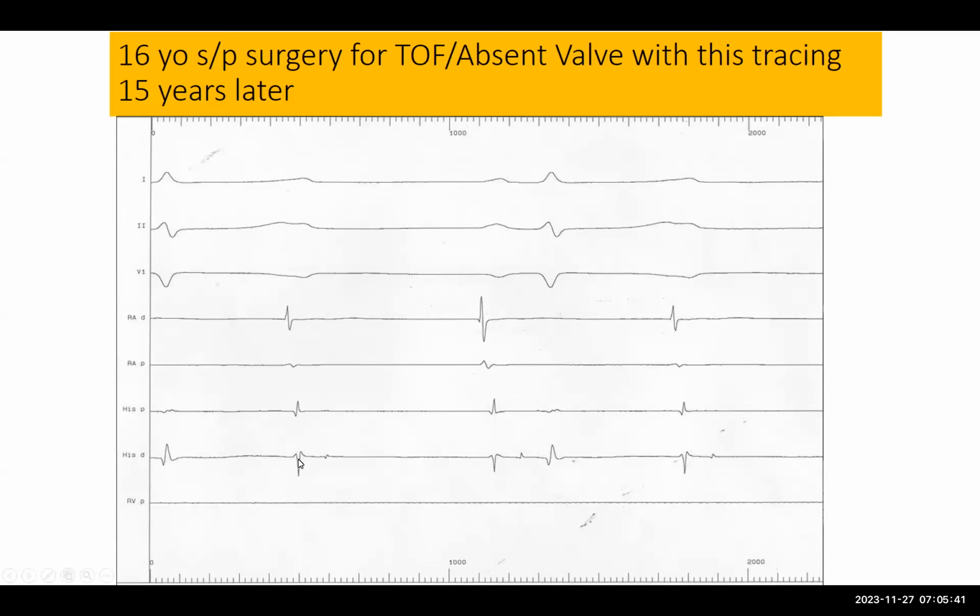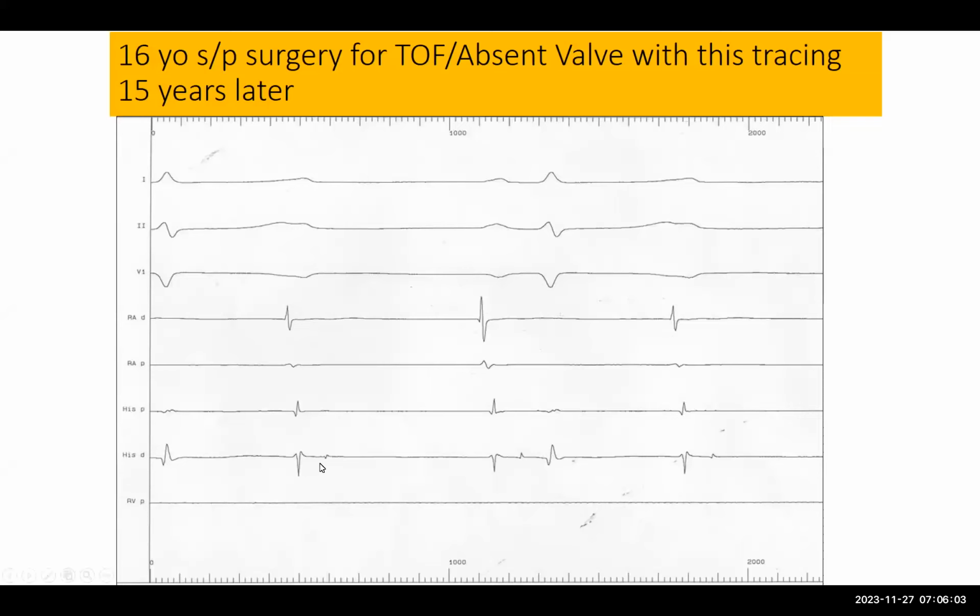Now, the reason is that in standard electrophysiology recordings, we can't actually record an impulse from the AV node. It has been shown that you can record AV nodal conduction in an electrically silent space, but the bottom line is in a standard clinical laboratory, we can't.